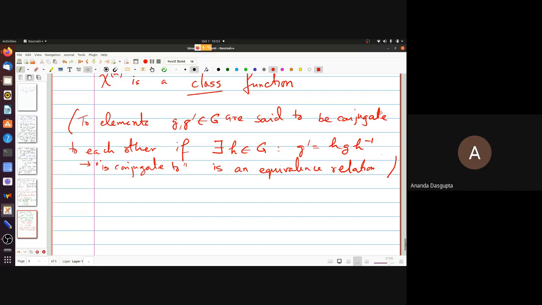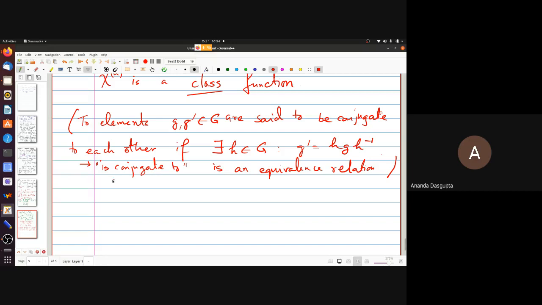Similarly, symmetric is trivial because if G prime is conjugate to G through H, it's obvious that G is conjugate to G prime through H inverse. And this being a group, every element does have an inverse. And similarly, if G is conjugate to G prime and G prime is conjugate to G double prime, then you can easily show that G is conjugate to G double prime. So this is an equivalence relation. And because this is an equivalence relation, you can define equivalence classes.